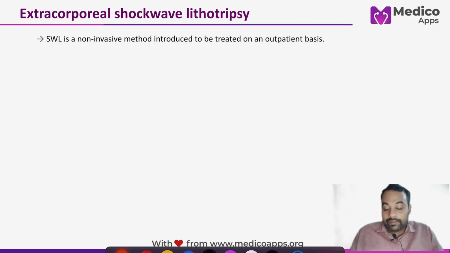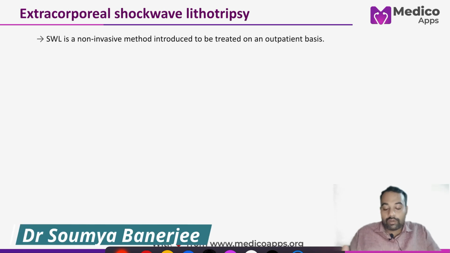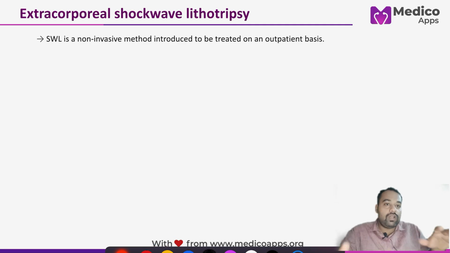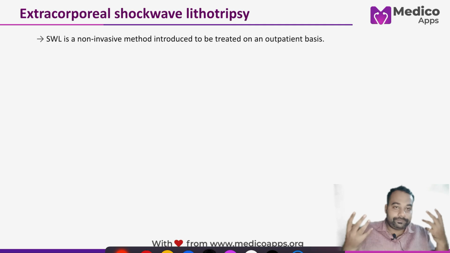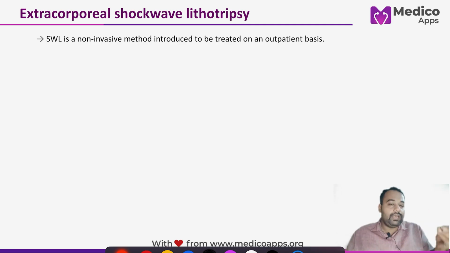Okay. Now let's try to understand a few important things about extracorporeal shockwave lithotripsy. Now this is basically a non-invasive treatment. This is your office-based treatment method that you can easily adopt.